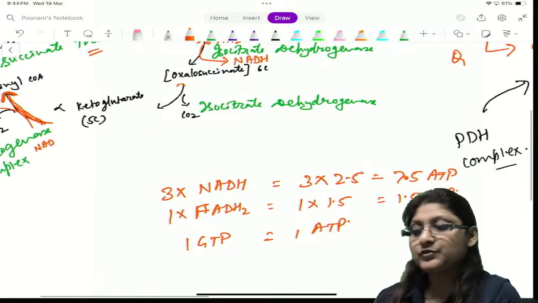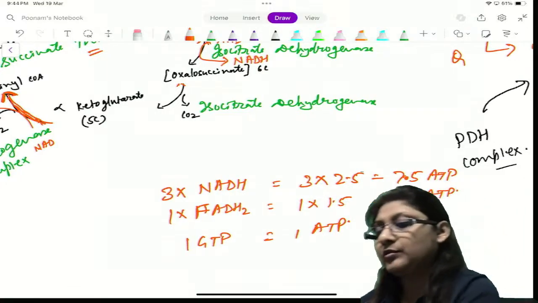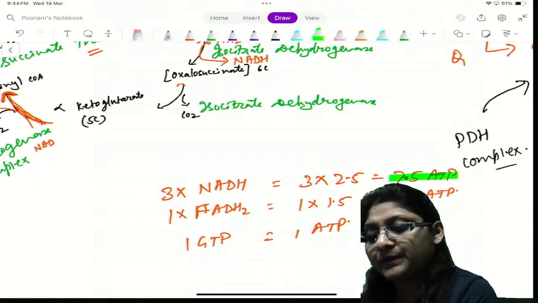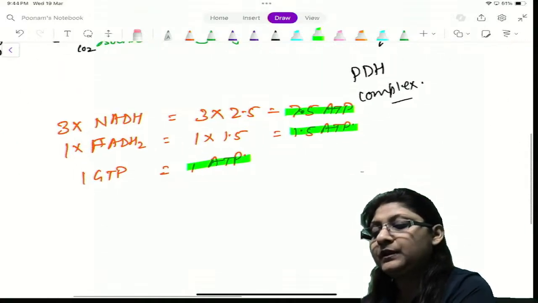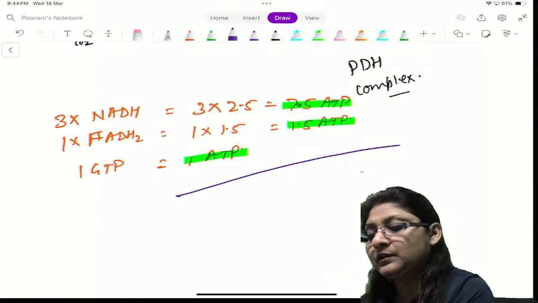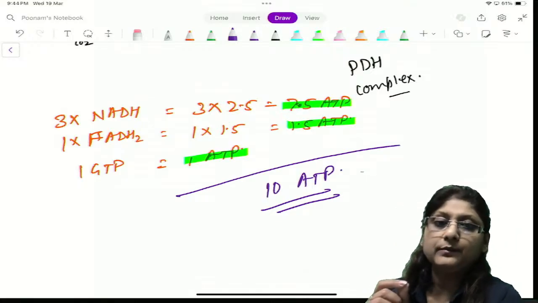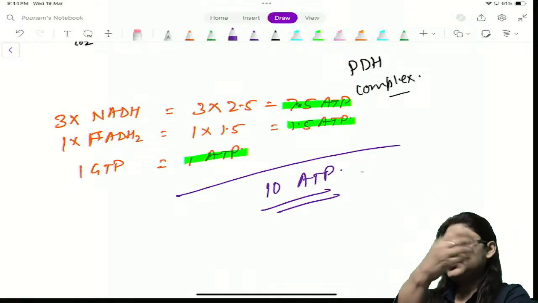So in this fashion, if you see, the total number of ATP which is generated is 7.5 plus 1.5 plus 1 ATP. That is going to be total 10 ATP which is generated. So 1 acetyl-CoA is going to produce you 10 ATP, and that is so much of energy which is gained from 1 acetyl-CoA.